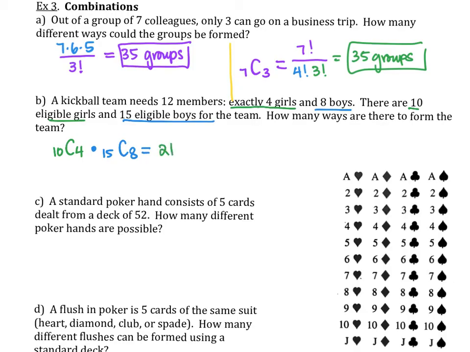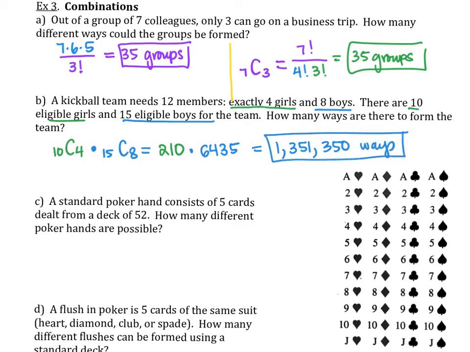I will try to help you find it. 15 choose 8, 6435. So I got 1,351,350 ways for them to form the team based on the given criteria.